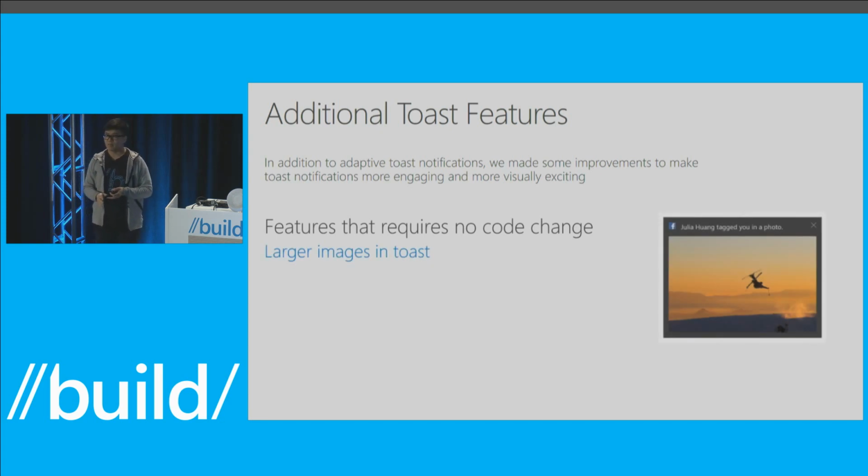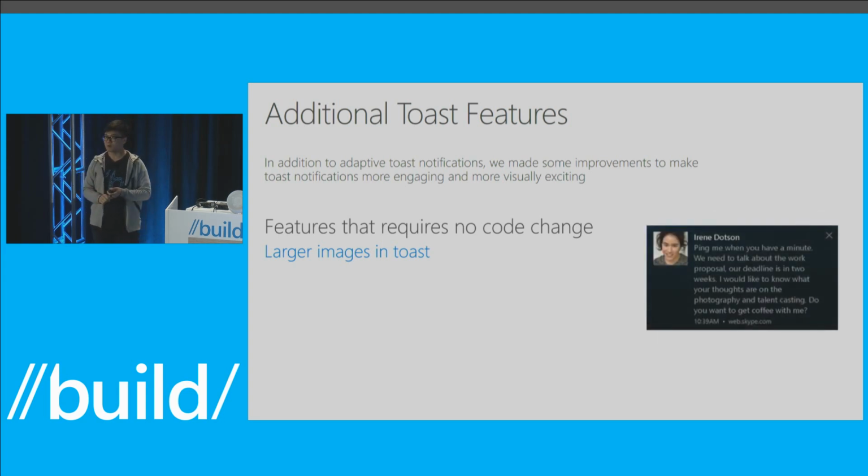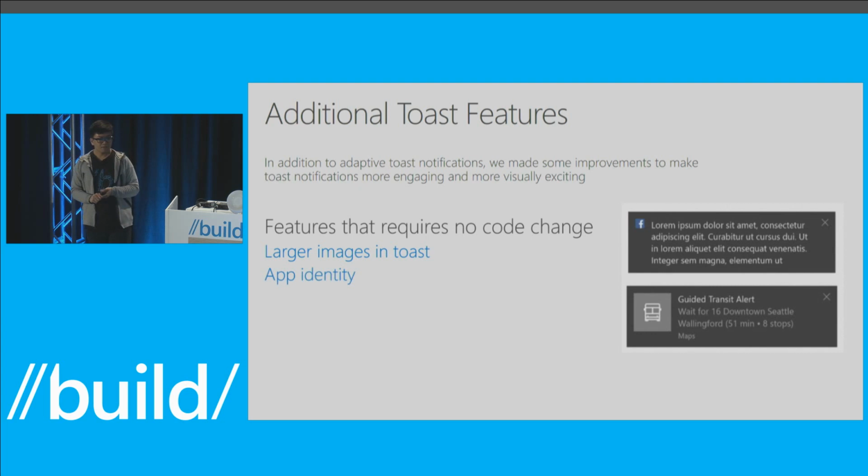First of all, we're making the images larger inside notification content, whether it's an inline image or an application logo override image, so that the user can see the content more clearly. Also, we've heard feedback that if developers choose to use app logo override to replace the application logo, sometimes when the notification pops, it's very hard to tell which source app this notification is coming from.